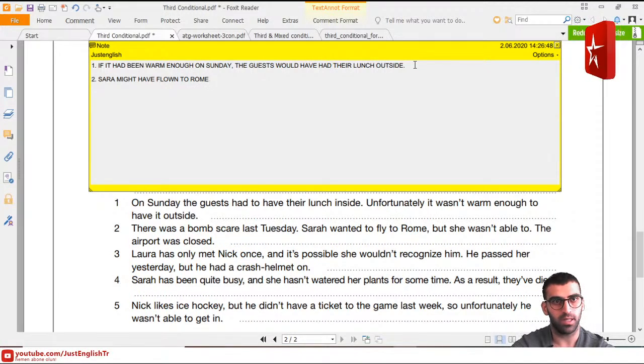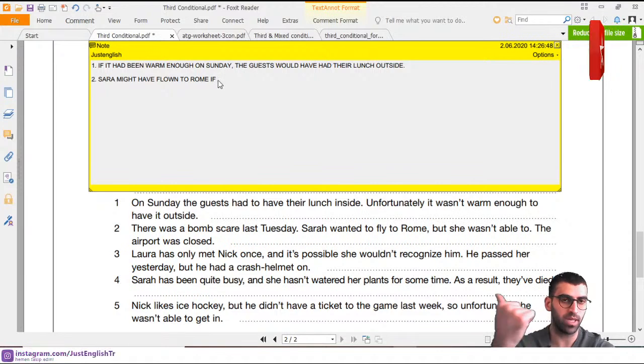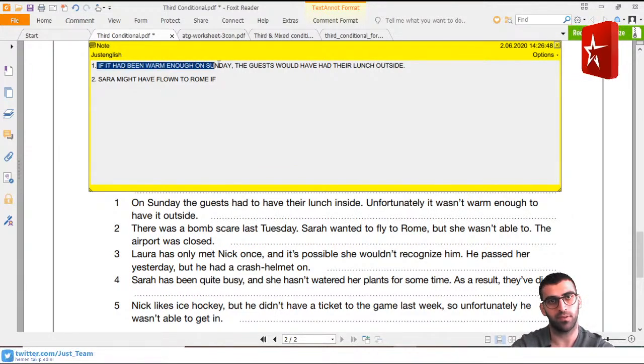Yes, this is the main clause: Sarah might have flown to Rome if, and here please be careful, if comes later, if comes after the main clause. If comes after the main clause, we don't use a comma. But if the if clause comes first, at the beginning of the sentence, we use a comma. But here we don't use one.